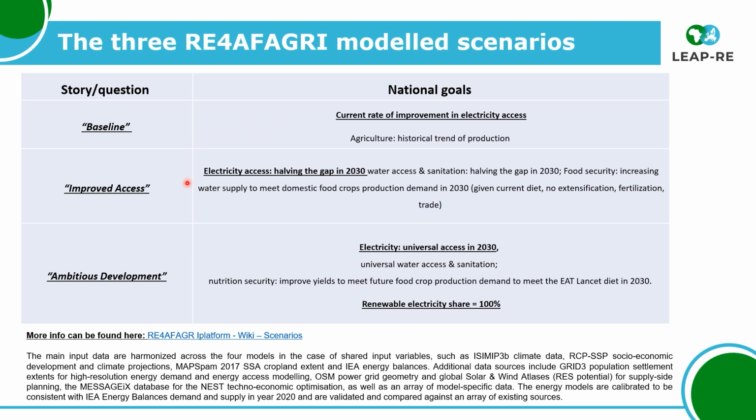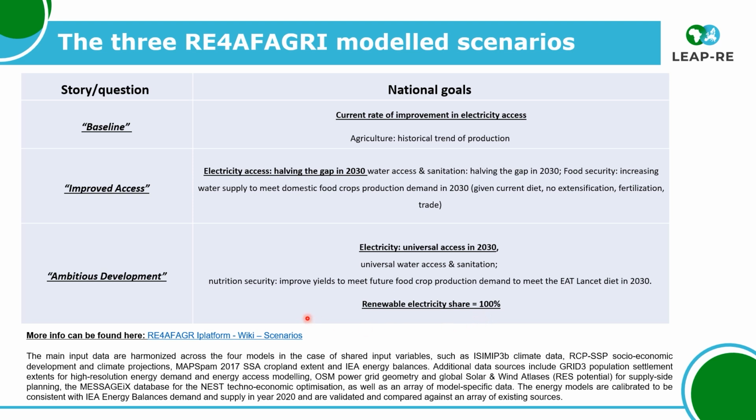However, in the improved access scenario, we've decided for electricity access to halve the gap by 2030. And in the ambitious development scenario, to reach universal access by 2030, and also to ensure that 100% of this energy is provided by renewable electricity.